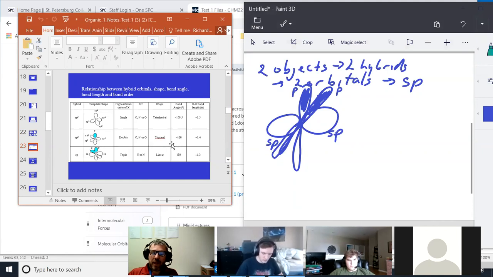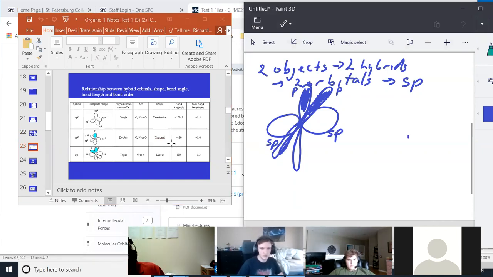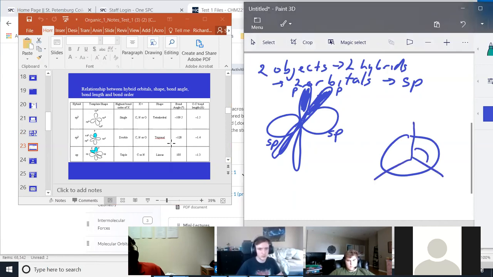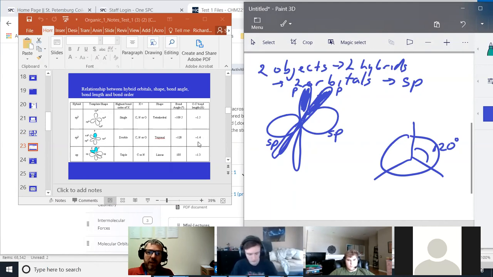It's all in the same plane, so if you take a circle and you split it into 3 like that, then each of those is going to be 120 degrees. You'll notice that the bond length is smaller, 1.4 angstroms. That's because the sp2 is a bit shorter and fatter than the sp3.